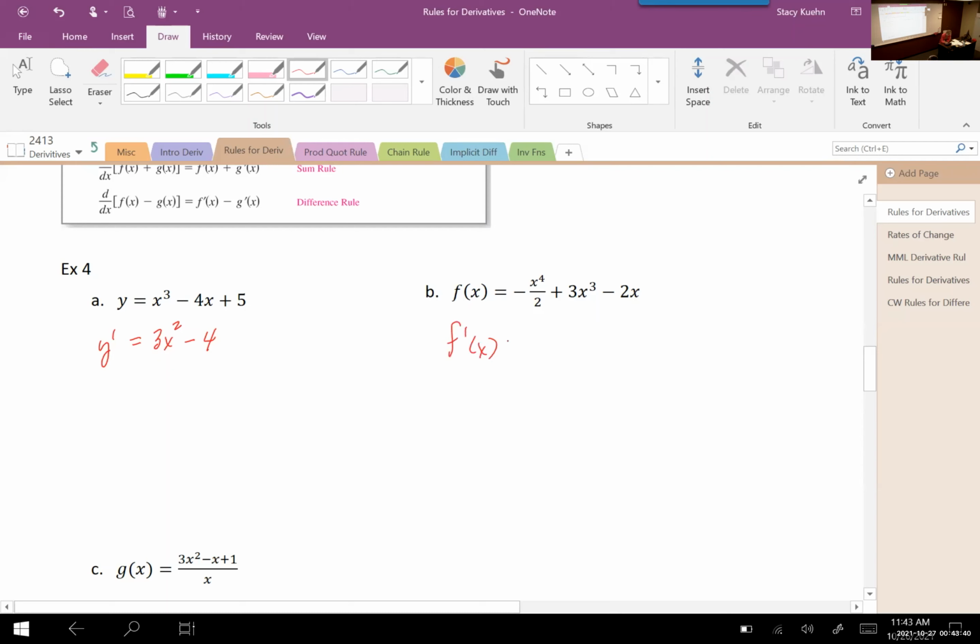f prime of x looks like negative 1/2 times 4x cubed plus 3 times 3x squared minus 2 times 1.